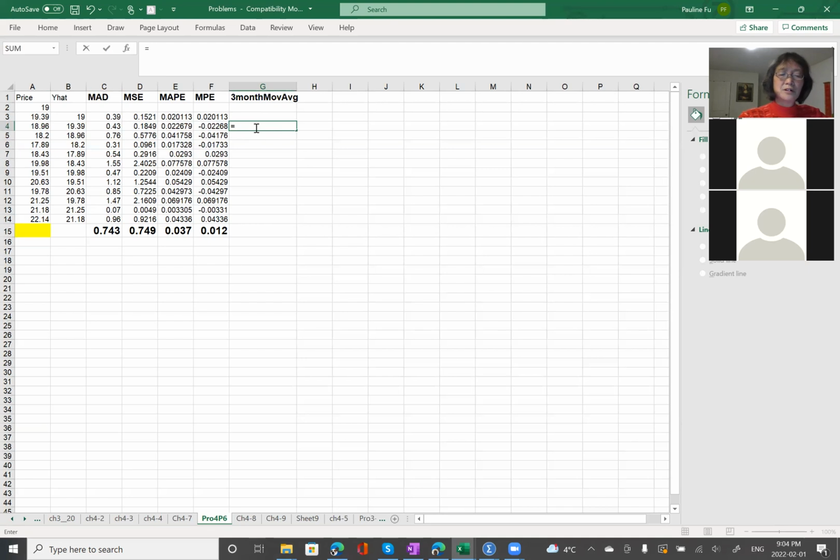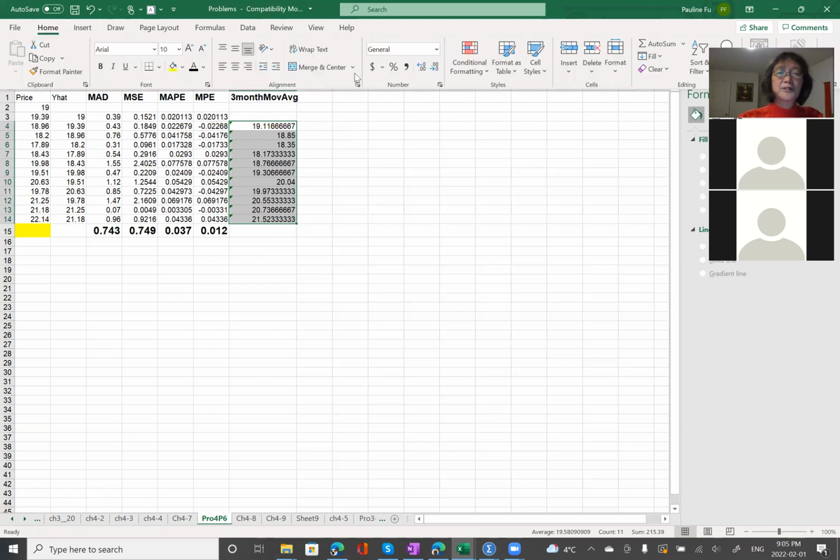Do the 3 months moving average. So you do equal AVERAGE. This is 3 months moving average. And then you double click, eliminate the decimal places. Okay.